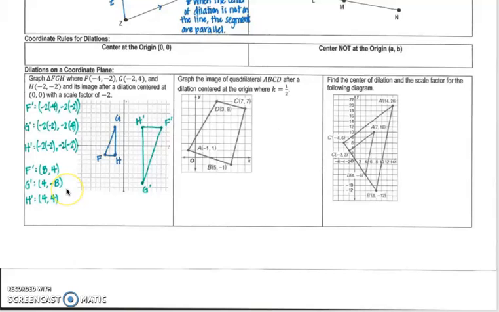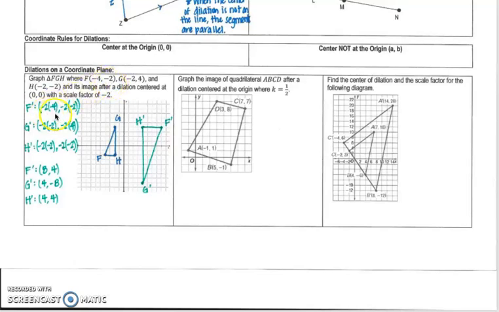For dilations on a coordinate plane, my scale factor here is -2, so this is what I want to make sure you know. That creates a reflection. So I'm multiplying to find f prime. I'm doing -2 times the x coordinate of f, and the y coordinate of f.